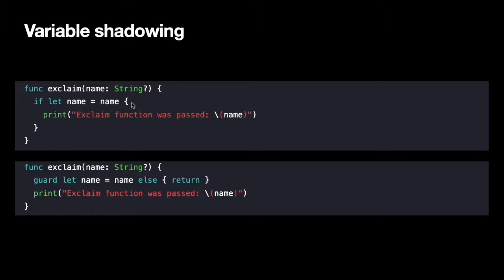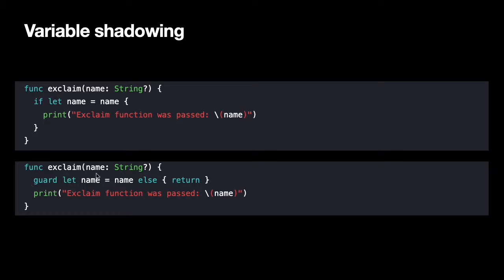And then within the if block, assuming a successful unwrapping, we can access the non-optional name and use it. In this case, the non-optional name will shadow the optional name because the non-optional name, the unwrapped name, has a more local scope. This also applies for the guard let statement.